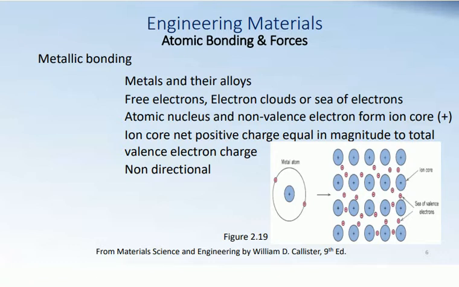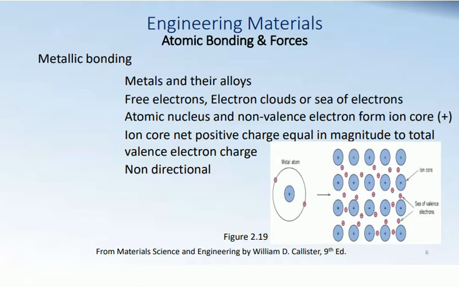So this sea of electrons or electron cloud is taken as a negative charge, and the remaining core, the nucleus and the shells, which are complete with the required number of electrons, is taken as a positive charge. So negative and positive, two opposite charges, come into Coulombic interaction, and these form a bonding.